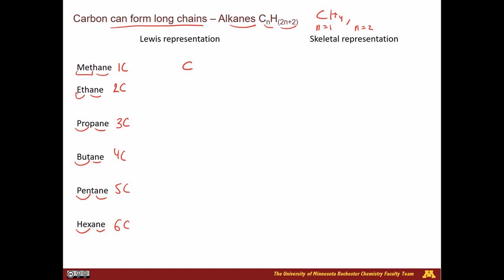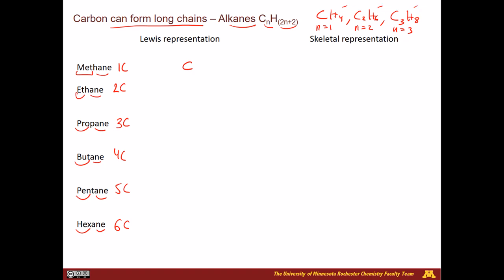When you have two carbons, what is the formula of alkanes? So now you have two carbons and how many hydrogens? 2 times 2, 4, plus 2, 6. What is it when n equals 3? You have three carbons. How many hydrogens do you have? 2 times 3, 6, plus 2, 8. All right, and as we have said here, this is methane, ethane, and propane.